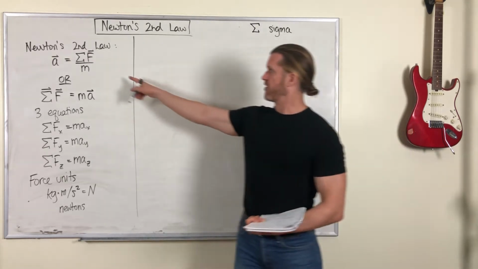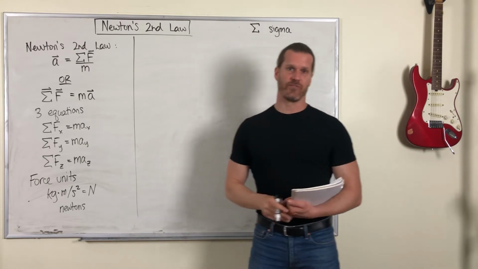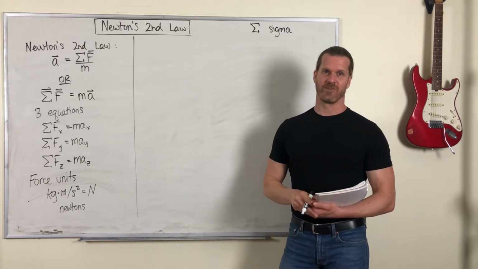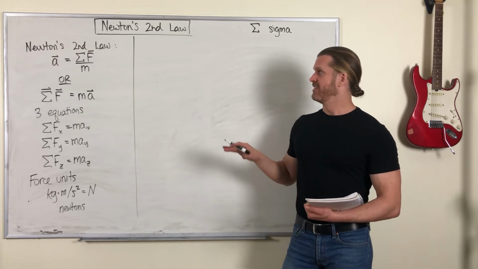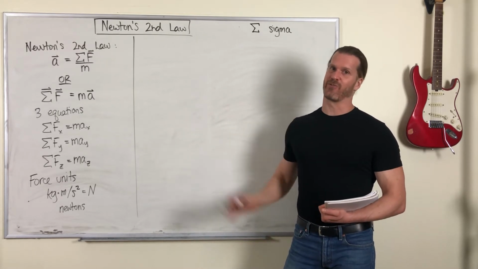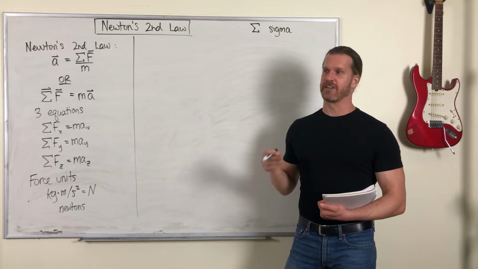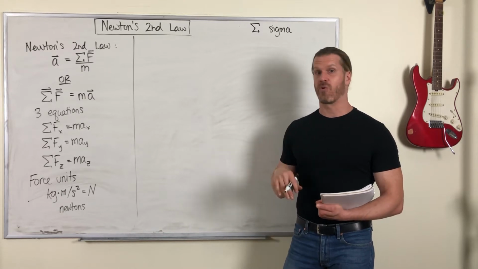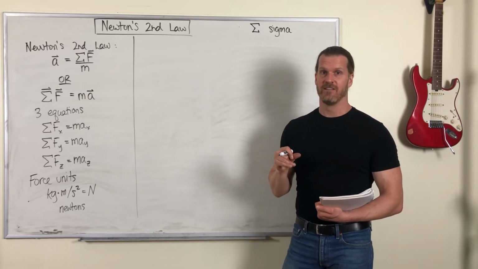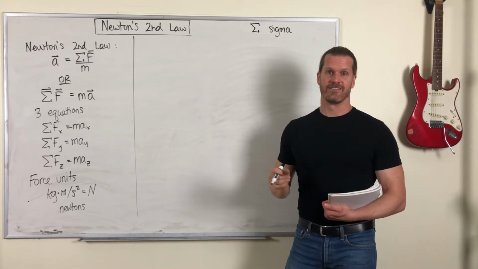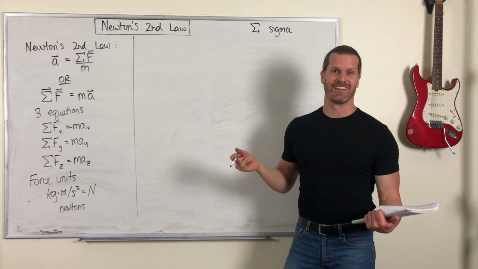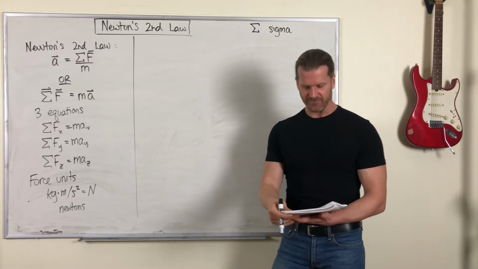But this is one of our major tools in our physics toolkit that will help us analyze problems. And over the next 2 weeks, we're going to learn how to use this for all sorts of situations. And really, I think this is the core of Physics 6. Our unit on Newton's laws is really the meat and potatoes of Physics 6.